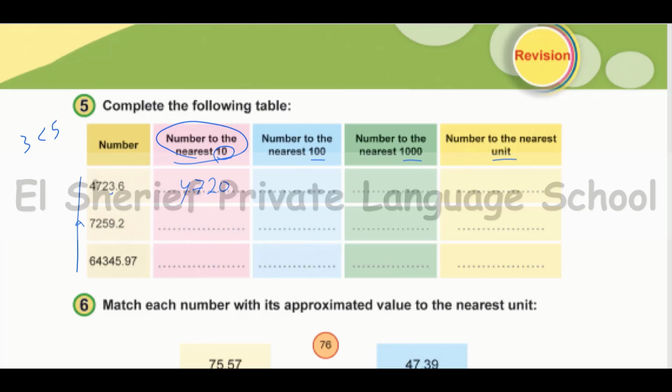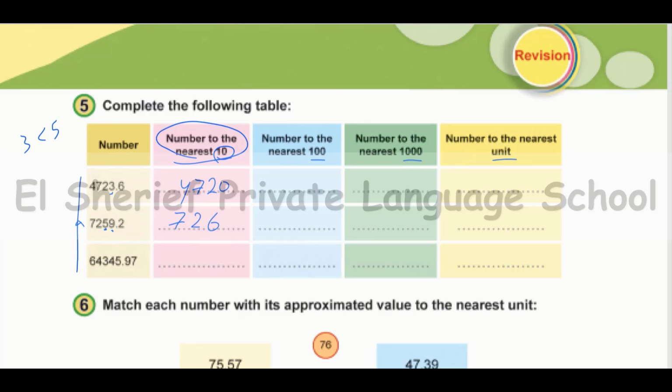The next question, 7259.2. Nearest to 10, we look at the unit digit, 9. 9 is more than 5, so increase the digit in the tens place by 1. 5 becomes 6, and complete the other digits.